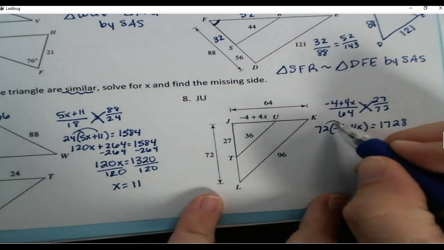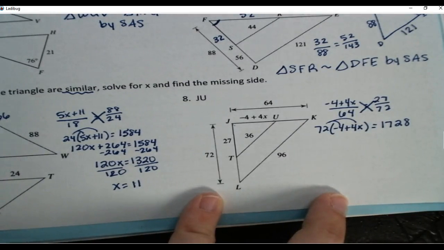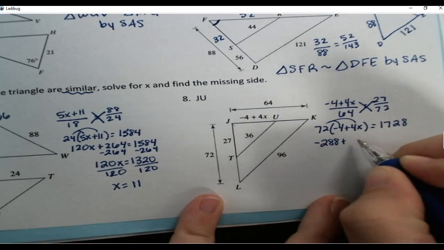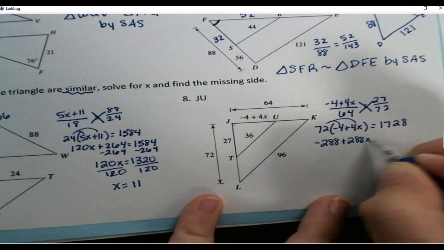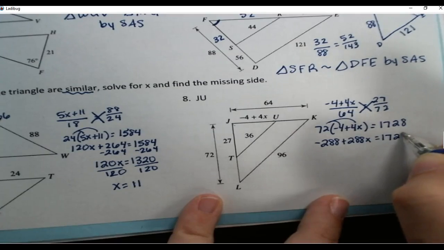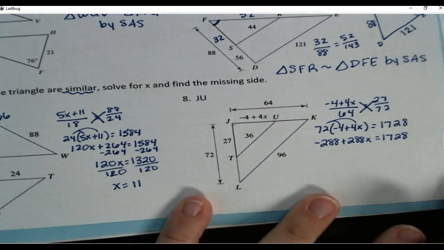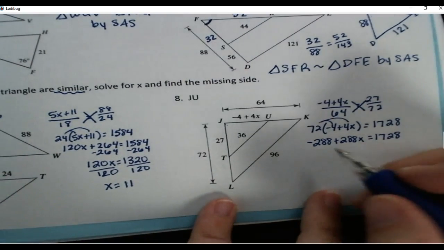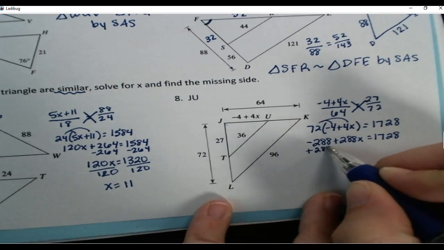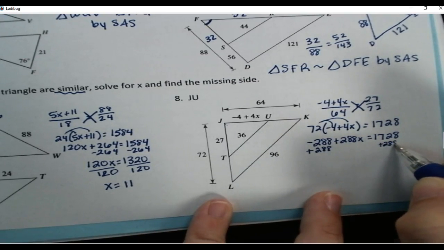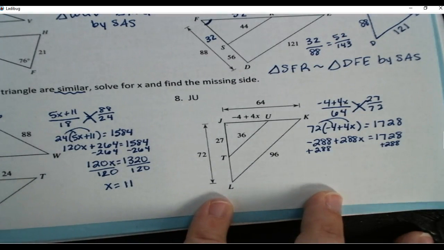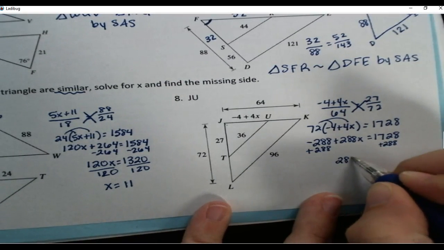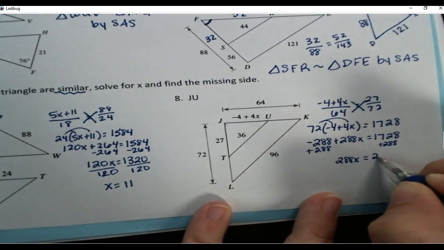So then we can distribute. And then we solve it. So add 288, which gives us 2016.